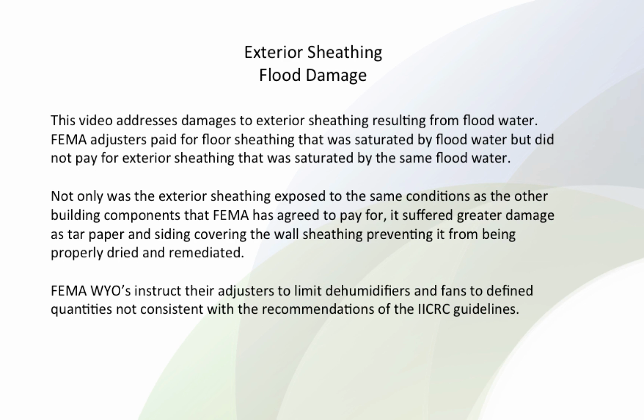The write-your-owns for FEMA instruct their adjusters to limit the use of air movers and dehumidifiers per room or per certain square footage, which may dry the floor sheathing but is not penetrating the wall sheathing to dry it appropriately.